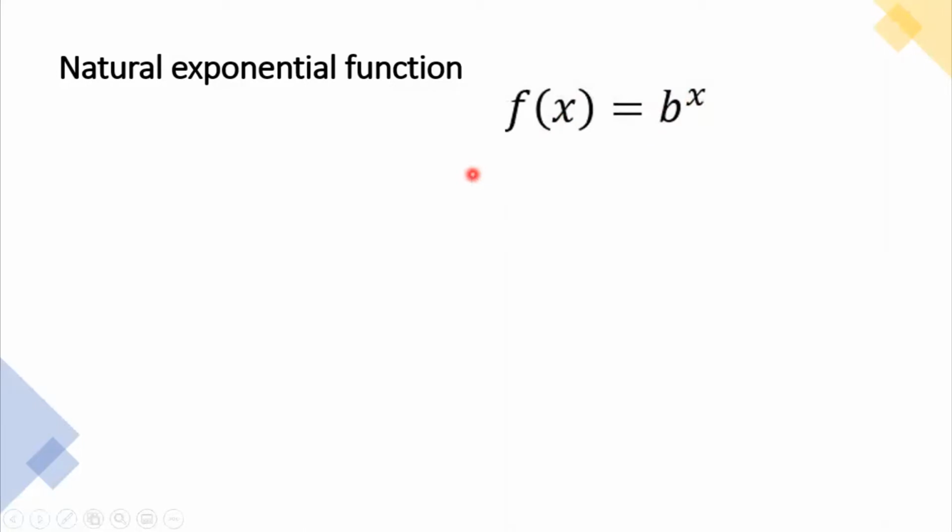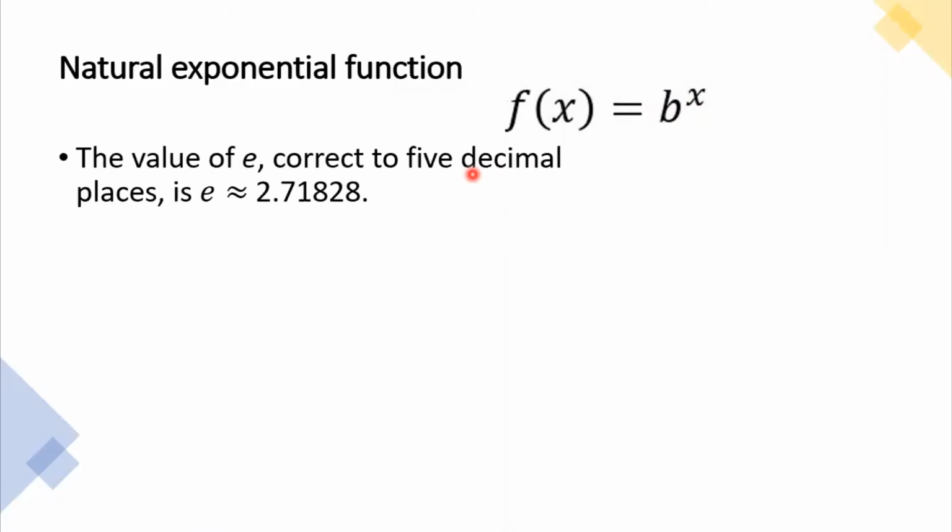Now, we have a special case of the general exponential function, and that is if our b is equal to e, and e is approximately equal to 2.71828. e is also called Euler's number.